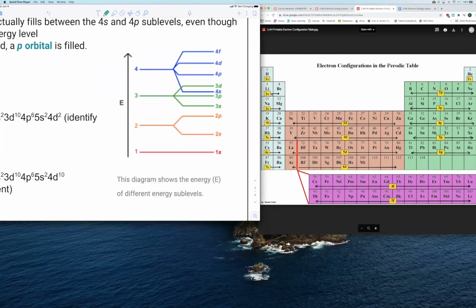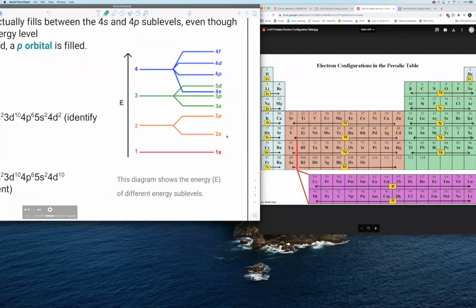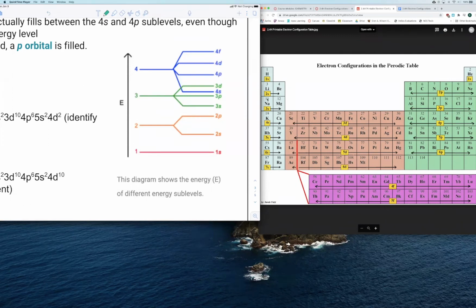Energy level 2 has two types of sublevels: the 2s sublevel, which is lower energy, and the 2p sublevel, which is a little bit higher. Then in energy level 3, 3s is the lowest energy, and 3p is next. But then you also have a 3d sublevel.